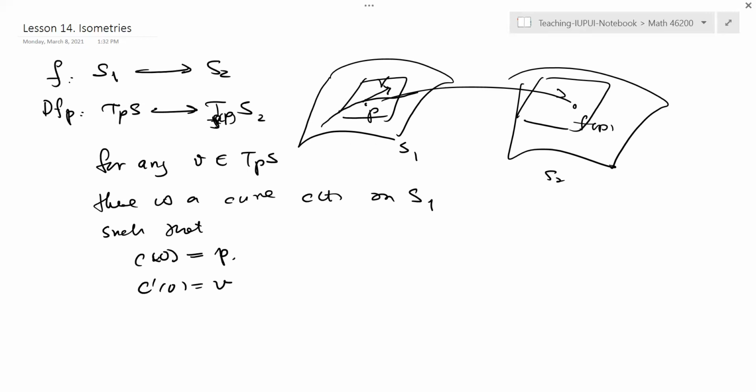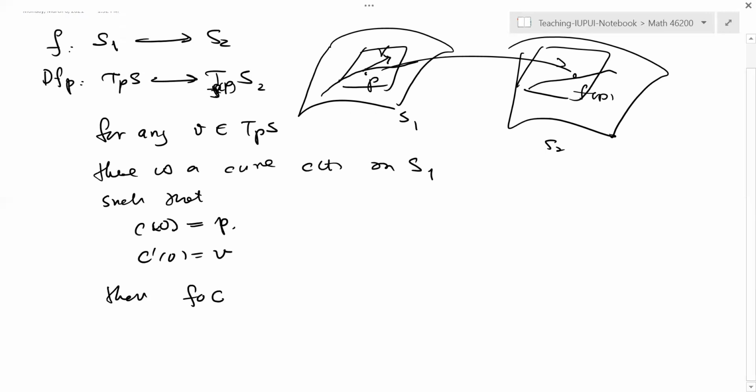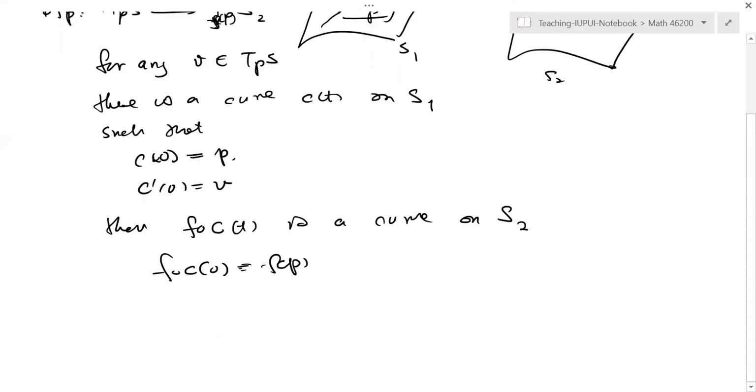Then that curve is sent to a curve on S2. Then F circle C of t is a curve on S2, and it is passing through the point FP. So F circle C prime is a tangent vector to the surface at the point.